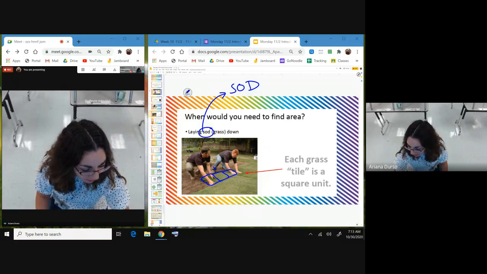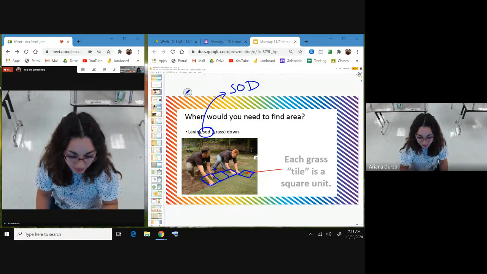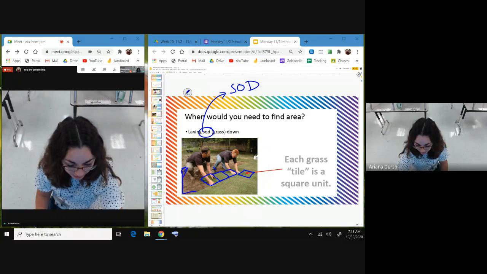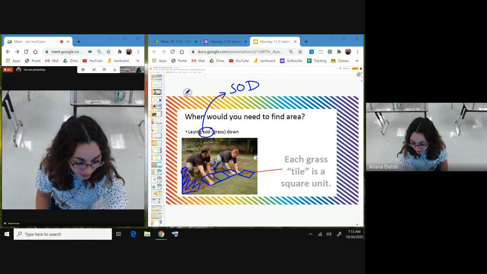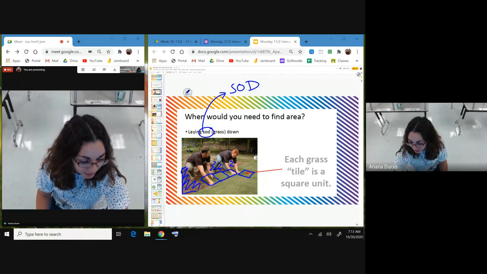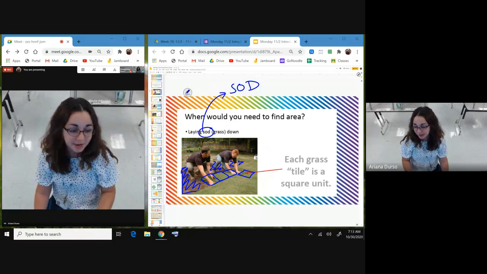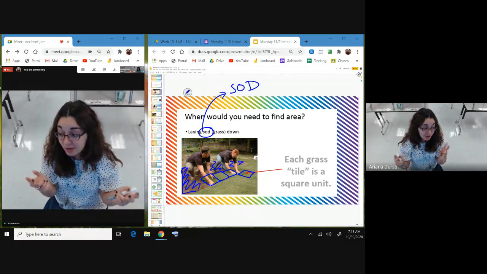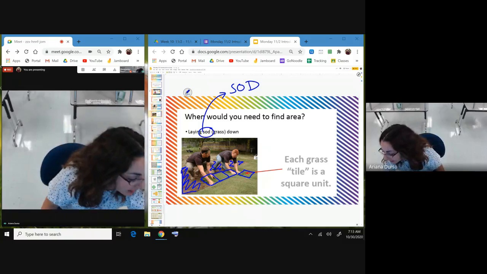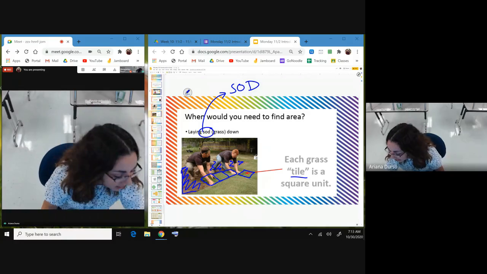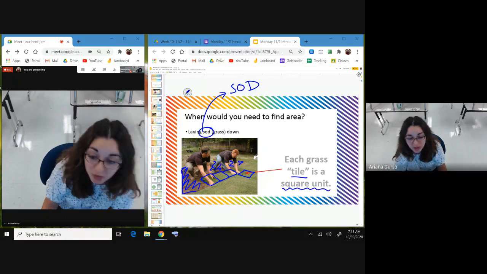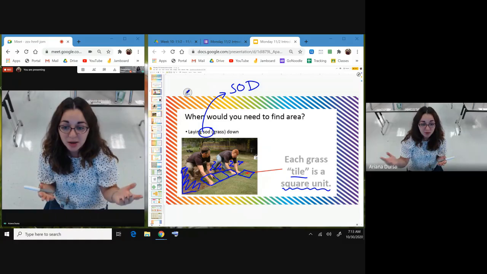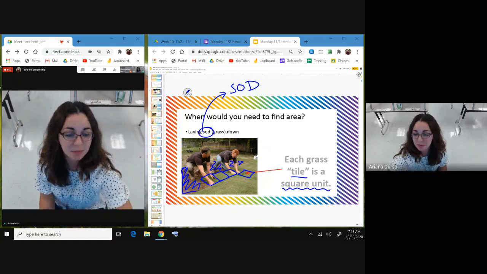Sometimes if you see a new house being built, you'll notice that the dirt outside of the house gets covered up with squares of grass called sod. You can call these sod squares tiles, and each grass tile is, again, a square unit. So square units are what we're going to use to measure the amount of area inside of a shape.